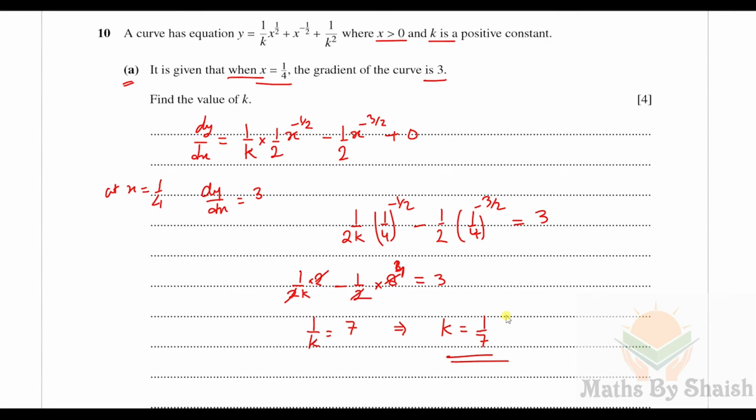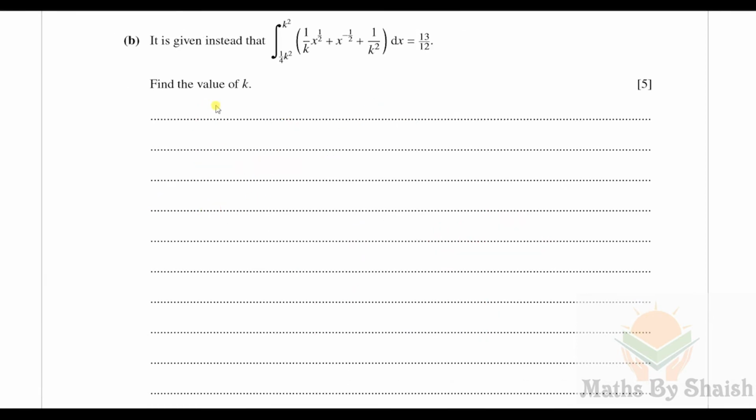In the b part, it is given instead that the integration from 1/4 of k square to k square of this function is 13 over 12, and then we need to find the value of k. So we are going to do the integration first.